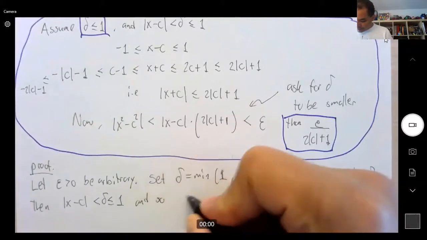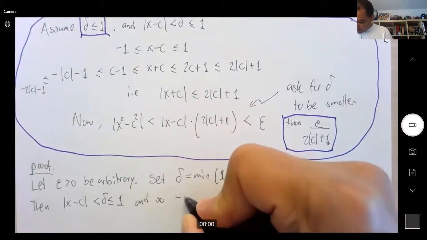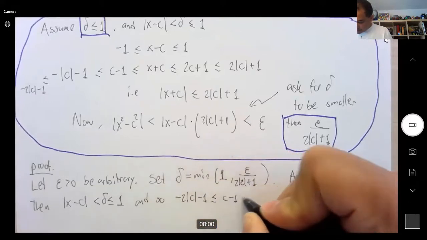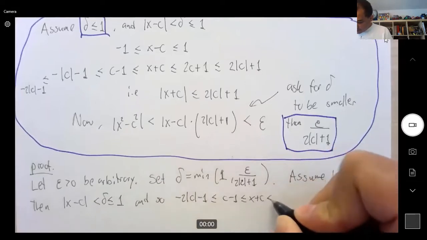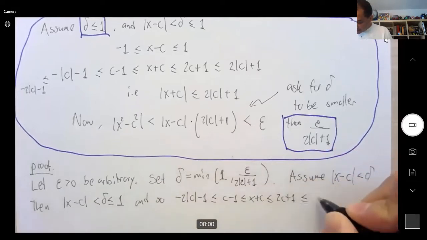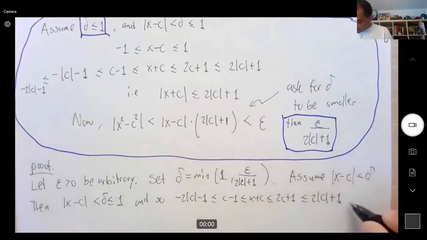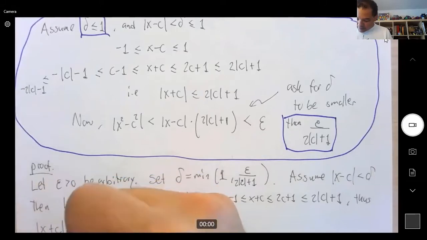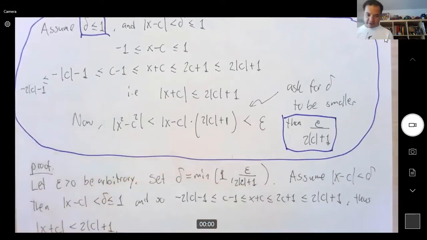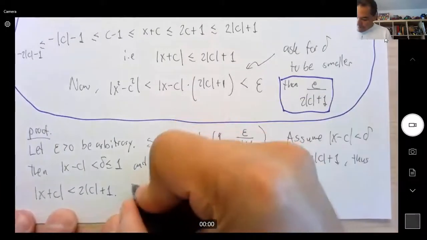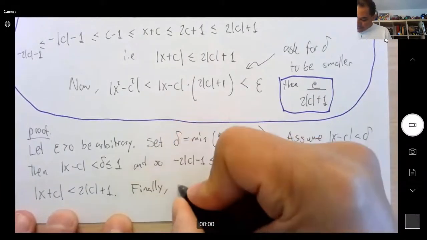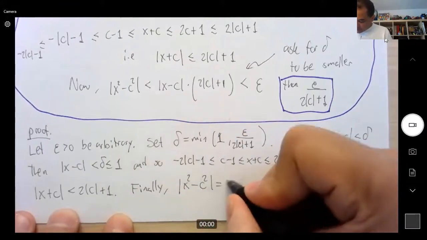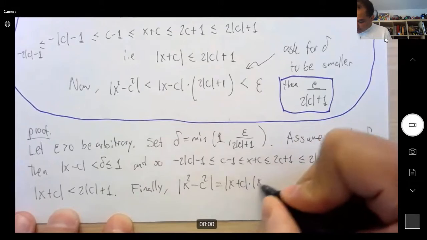And so negative 2 times absolute value of c minus 1 is less than 2c minus 1, which is less than x plus c, which is less than 2c plus 1, which is less than 2 absolute value of c plus 1. Thus, |x plus c| is less than 2 absolute value of c plus 1. Finally, x squared minus c squared, that's x plus c times x minus c.